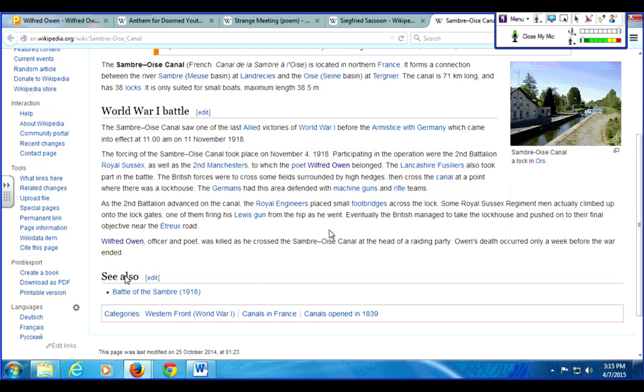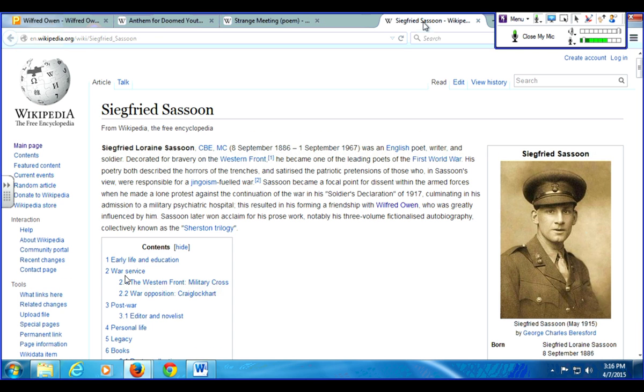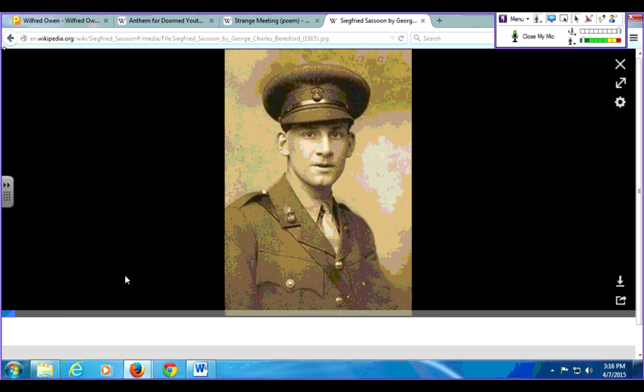So you see where this just talks about where he was killed. Let's just quickly read it over. You can always pause the recording and look at it as well. And this is his friend, Siegfried Sassoon.